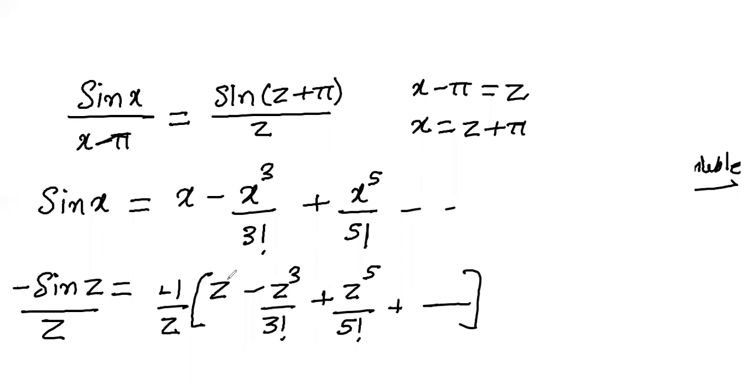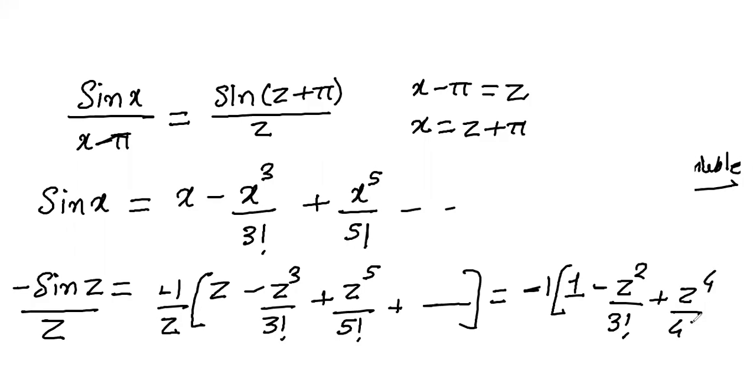So this z and z will cancel. So it will be minus 1, this is 1, this is minus z square upon 3 factorial plus z to the 4 upon 5 factorial.